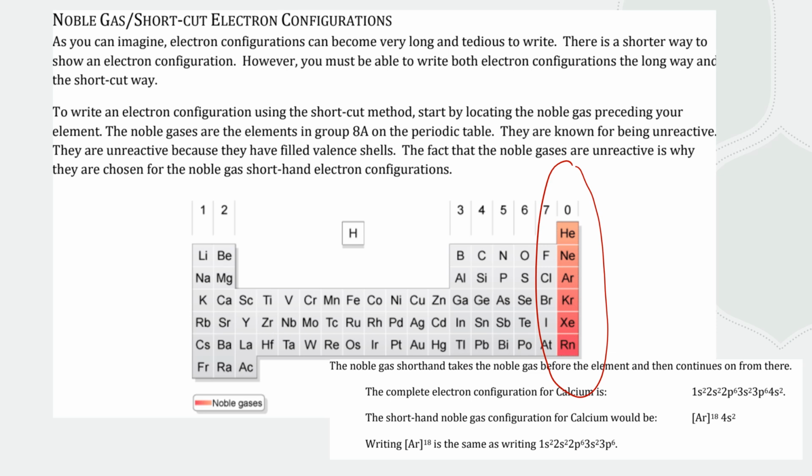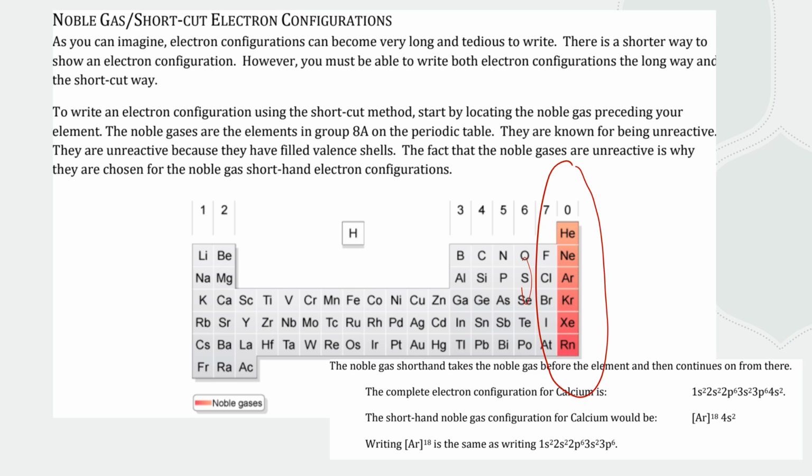Let's say we want the noble gas configuration for sulfur. We backtrack until we hit a noble gas. You can't go forward to argon because you'd be incorporating electrons that do not exist in this element. So for sulfur, we backtrack until we hit neon.